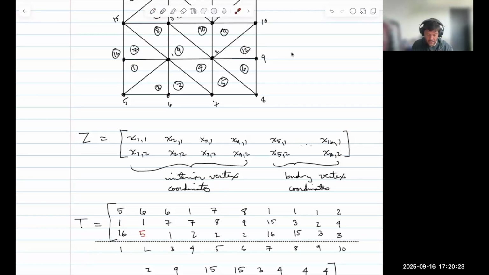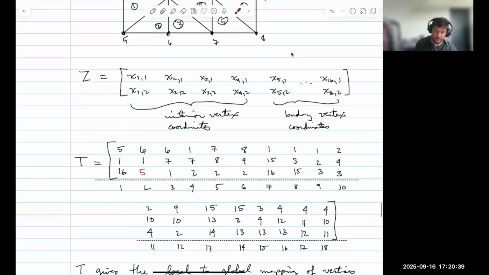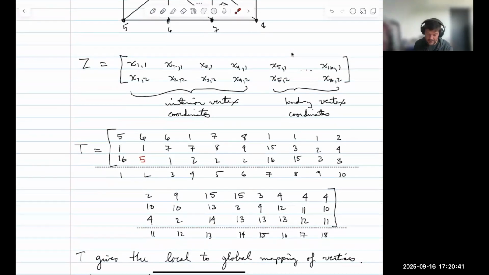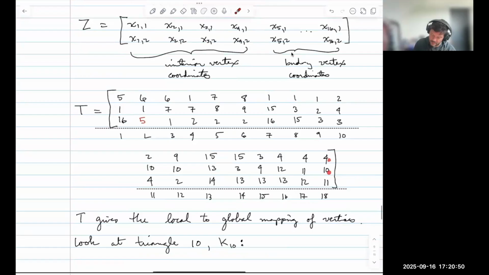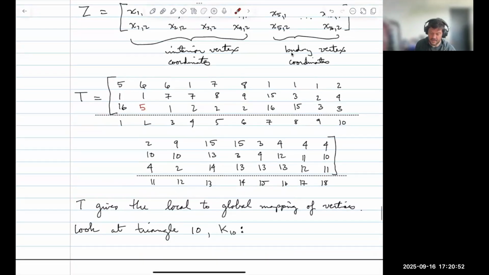What about triangle 3? 6, 7, and 1. That one's okay. What about triangle 4? That's this guy here: 1, 7, 2. Notice that I'm always numbering in the counterclockwise direction. You can go on like this for each triangle; there are 18 in my mesh here. The last one is going to be 4, 10, 11, I think. Yeah, 4, 10, 11. So T gives the local to global mapping of vertices.